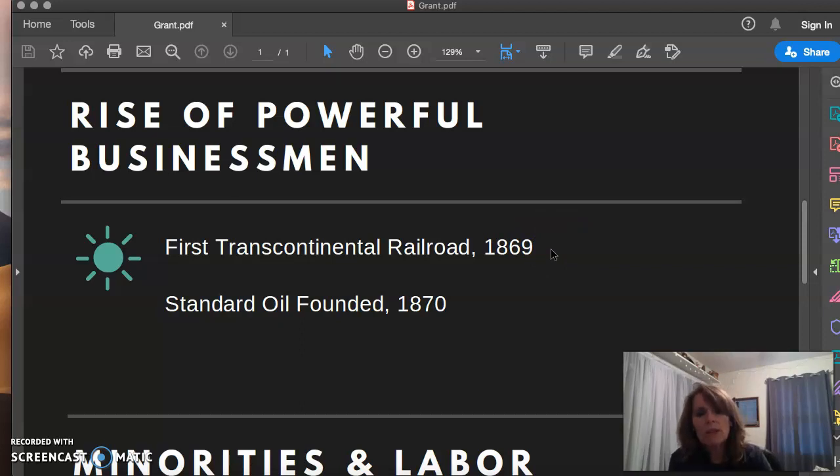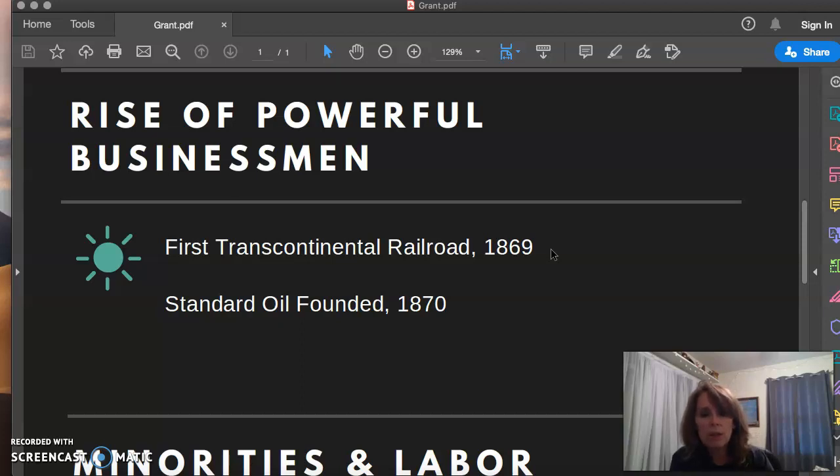And so during this time, one of the biggest things that happens as far as rebuilding infrastructure and creating trade and travel is the building of the first transcontinental railroad. And this was a symbolic act for the nation. By connecting the nation from coast to coast with the railroads, it was like reuniting the nation, not just figuratively, but literally through the Transcontinental Railroad.